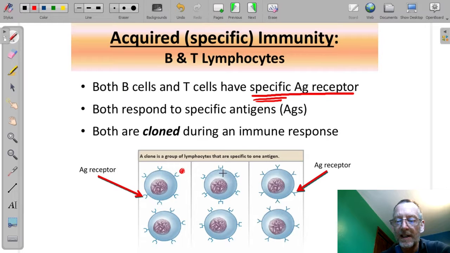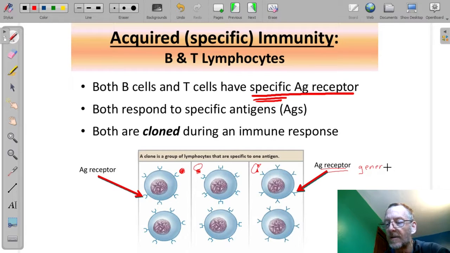The middle cell has square receptors, so it would presumably bind some sort of square-shaped antigen. And likewise, the cell on the right has sort of V-shaped receptors, so it would be binding sort of V-shaped antigens. That's the idea. And these receptors are generated randomly.